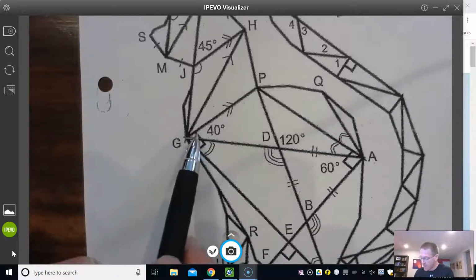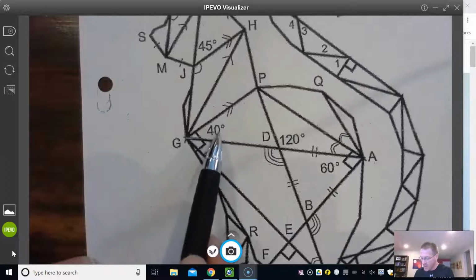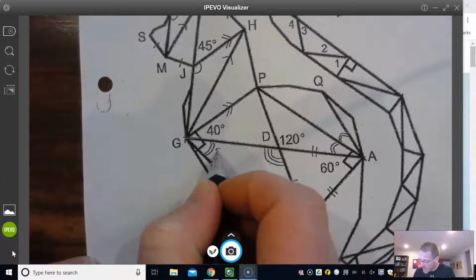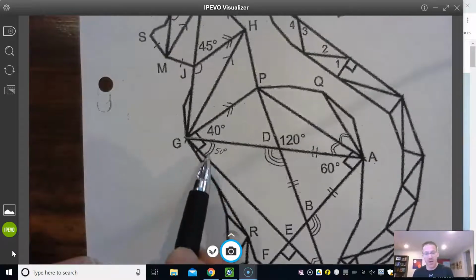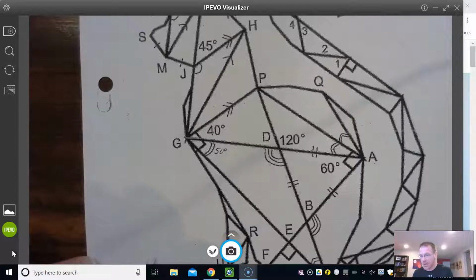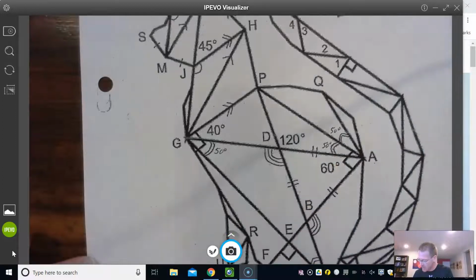But if I come over here, we see this 90-degree angle symbol, which means if this is 40, this angle has to be 50. They have to add up to 90 degrees. Now every angle with this double arc mark has to also be 50 degrees. So this has to be 50 degrees, and this has to be 50 degrees. Everywhere we see that, we will find that's a 50-degree angle.